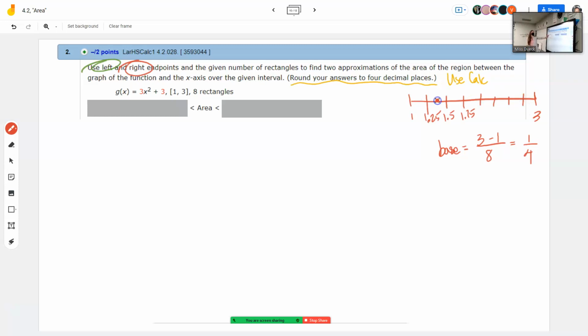I'm going to have 1, 2, 3, 4. Look at the spaces. 1, 2, 3, 4, 5, 6, 7, 8. So for the left, could I do A1, A2, A3 eight times?